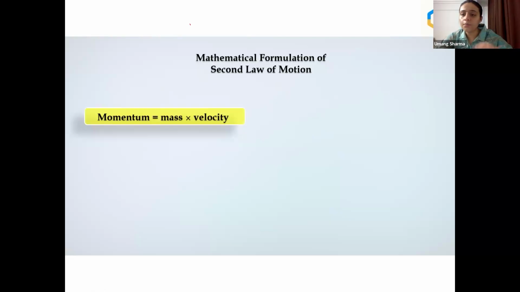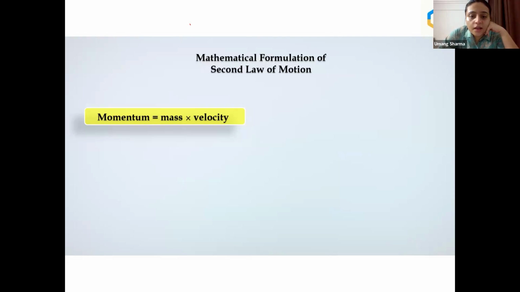We already know that momentum is the product of mass and velocity. What is the symbol of momentum? That was P, right? And what is the SI unit of momentum? The product of mass and velocity, so the momentum SI unit would be what? Come on, everyone.